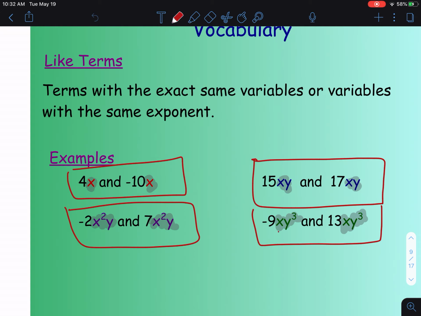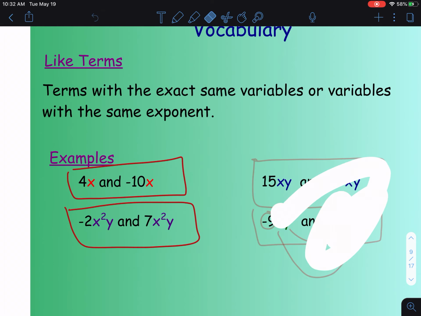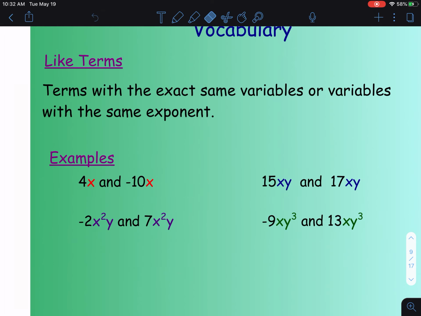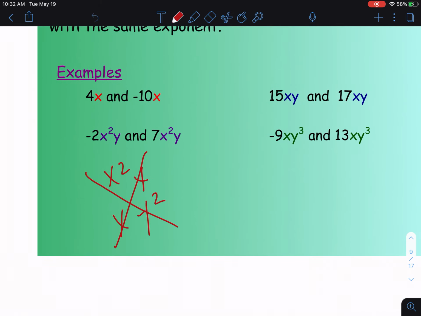We have x's that match, and we have y to the thirds that match. Doesn't matter that we have a positive and a negative there for the coefficients. So we're looking at the variables, and make sure that if it's x squared y, you cannot have xy squared. Those are not the same.